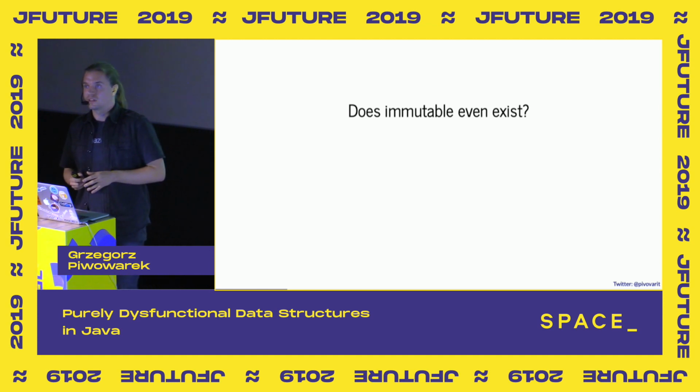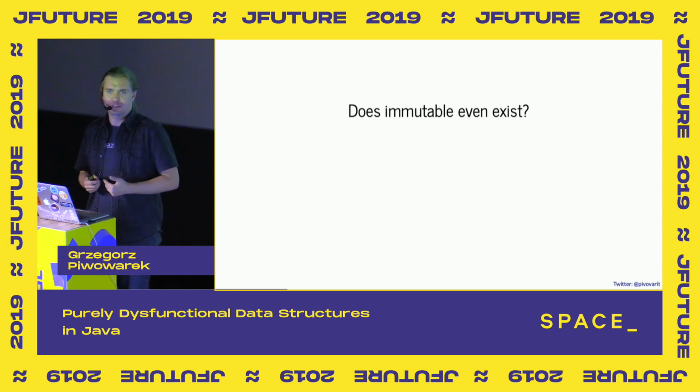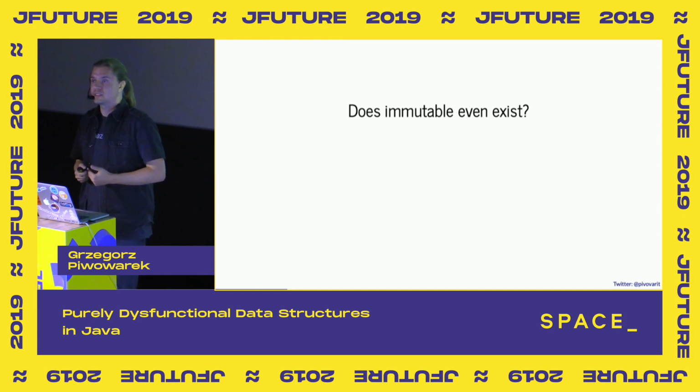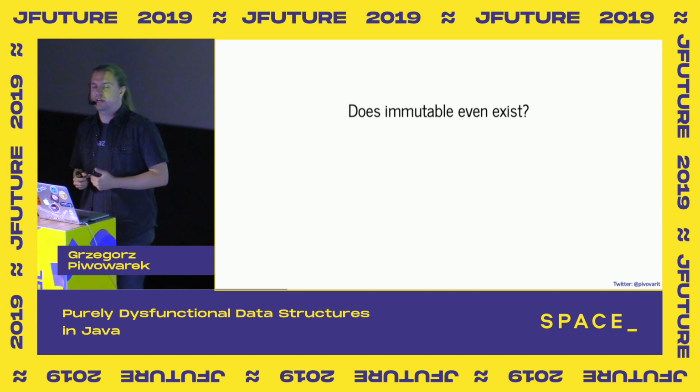Because at the end of the day, all your models are being run by mutable and impure machines. So true eternal immutability doesn't exist, but immutability still can be respected at certain abstraction levels.